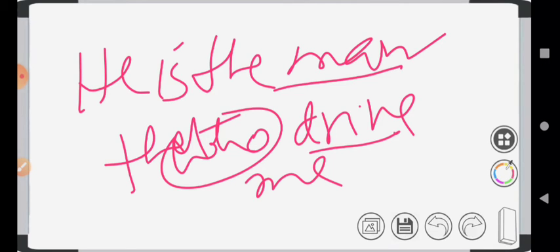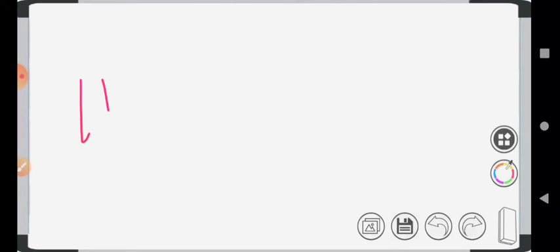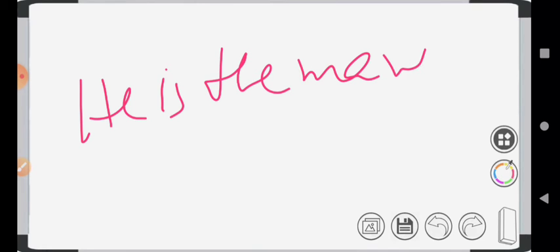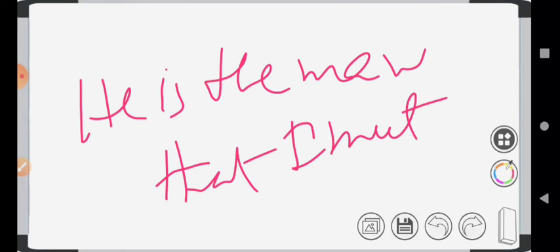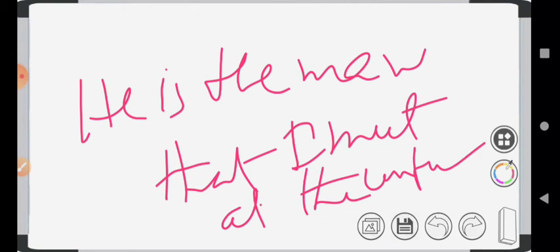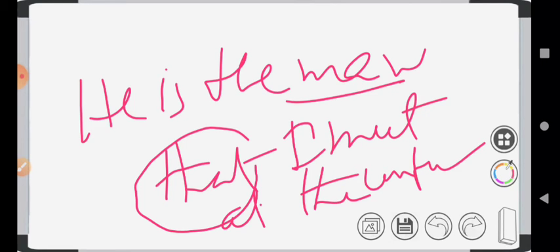In this situation, it is not possible to use that. See, some more examples I will examine. He is the man that I met at the conference. That, after the person, may be used in a defining relative clause.